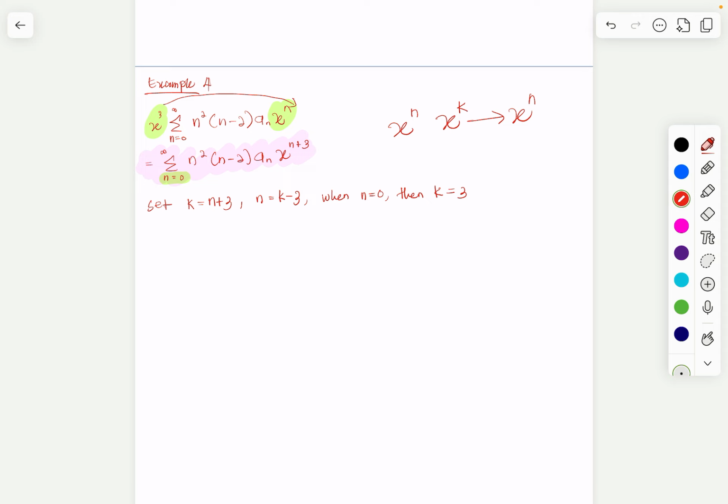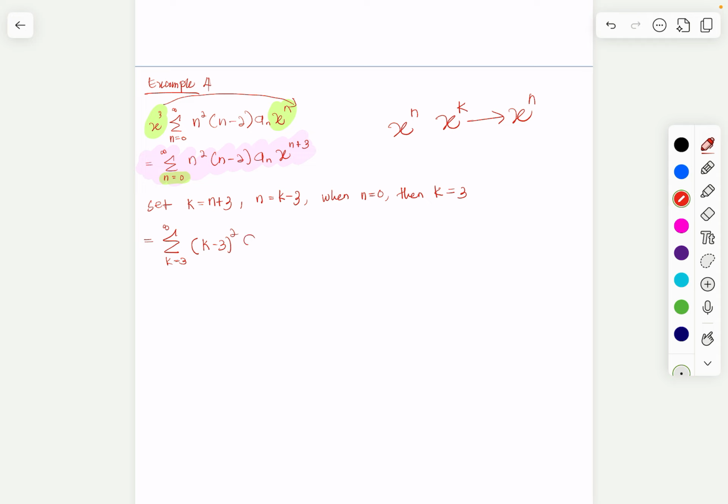When n equals 0, we want to convert in the form of k, so k equals 3. And then n squared becomes k minus 3 squared.